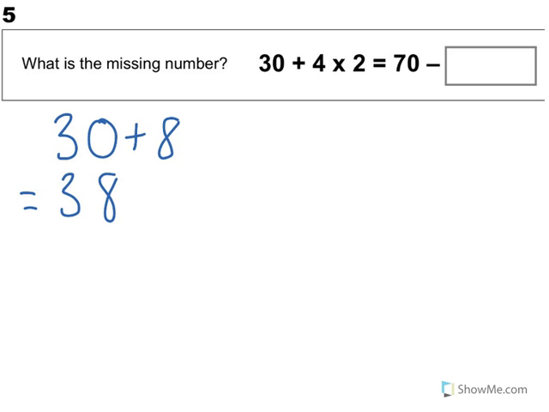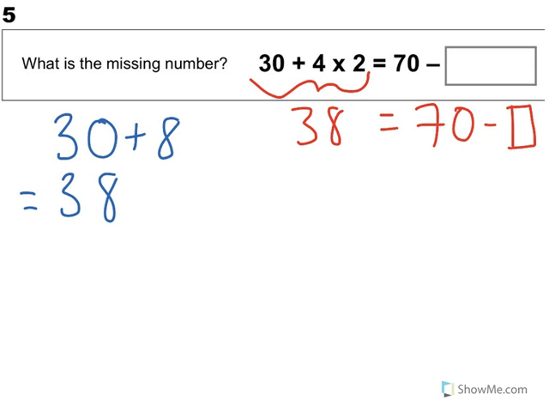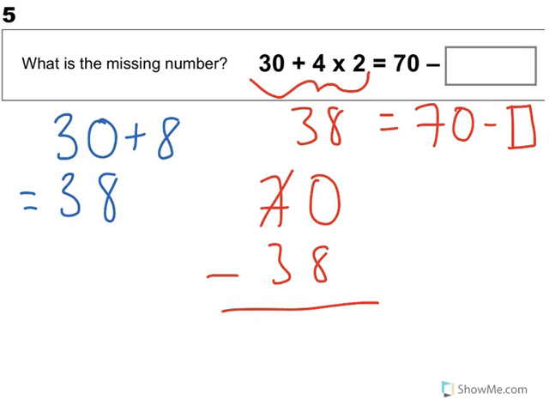So we can now replace all of this with 38. So 38 is equal to 70 minus something. The way I figure that something out is I can do 70 minus 38. 0 minus 8 I can't do, so I trade. 10 minus 8 is 2, 6 minus 3 is 3, so the answer is 32.